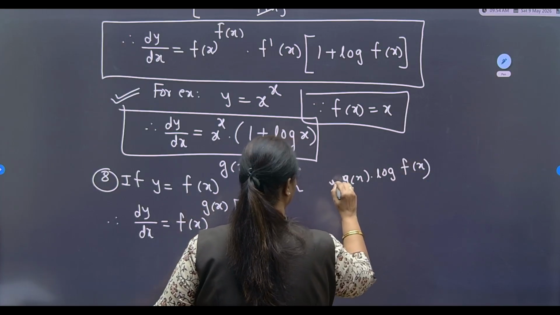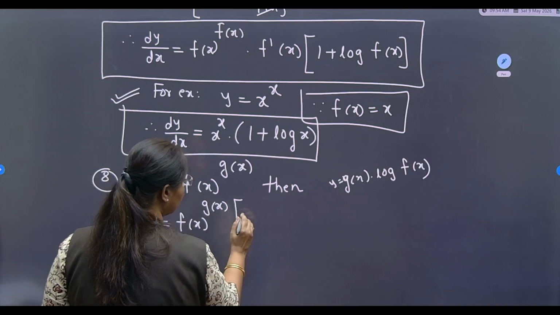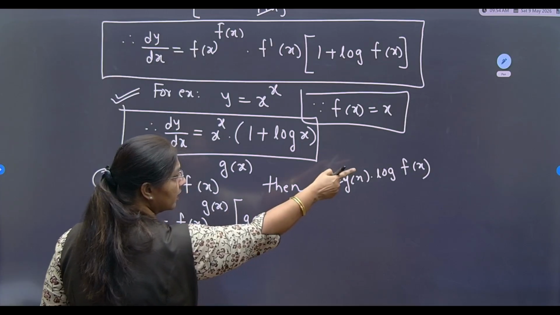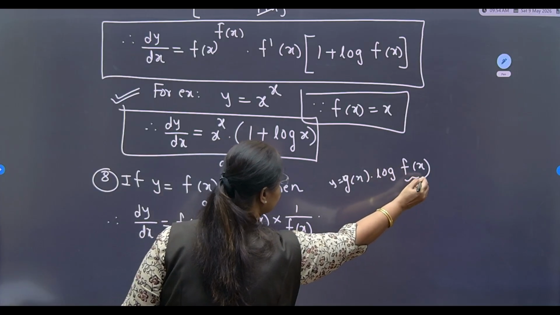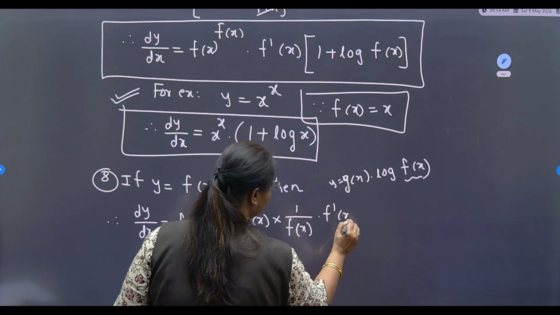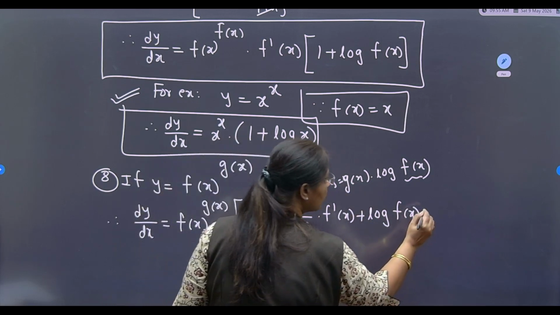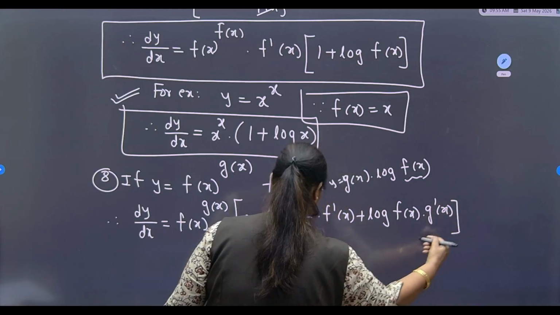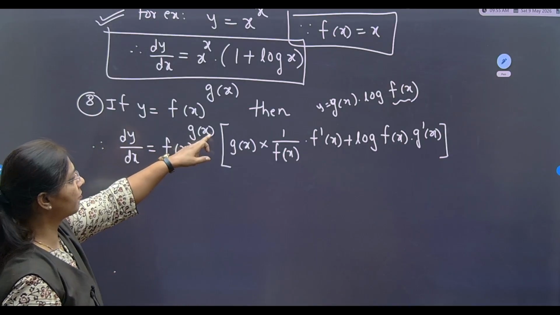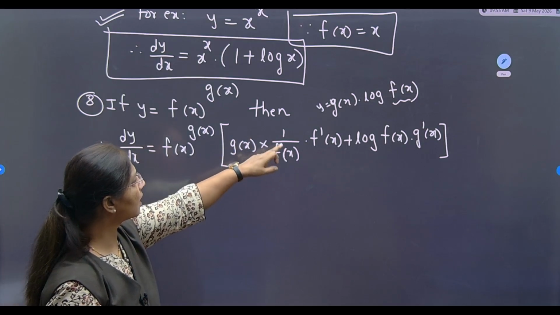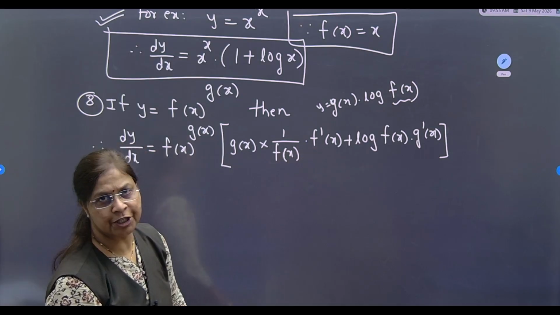Then by product rule, g of x into derivative of log of f of x, 1 upon f of x into f dash of x, plus log of f of x as it is into derivative of g of x, g dash of x. Therefore we get f of x raised to g of x into g of x upon f of x into f dash of x plus log of f of x into g dash of x.